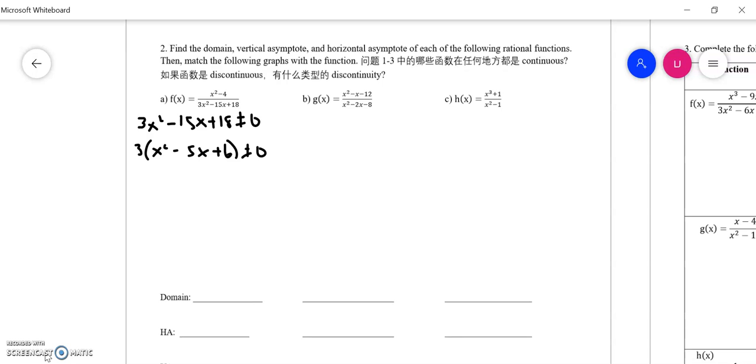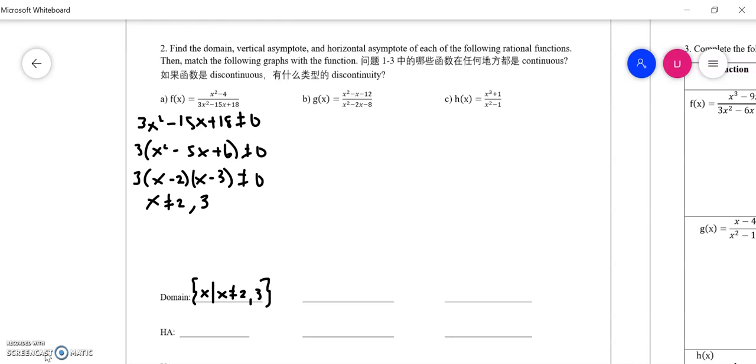Can be factored some more. We'll have x minus 2 and x minus 3. And we solve for x. So in this case, x minus 2 does not equal 0, so x does not equal 2, and x does not equal 3. And there's our domain, x such that x does not equal 2 or 3.